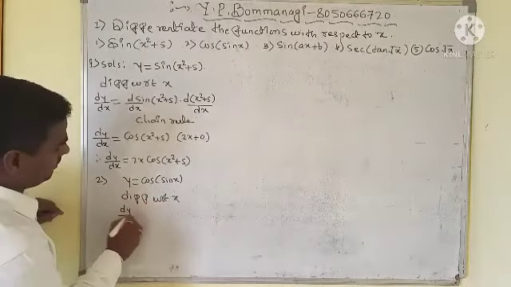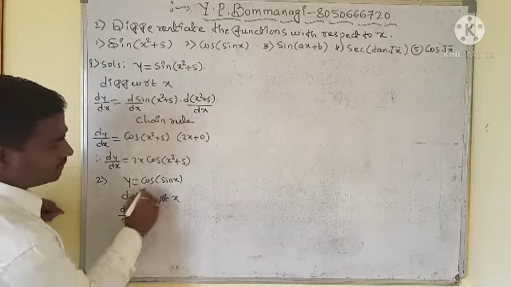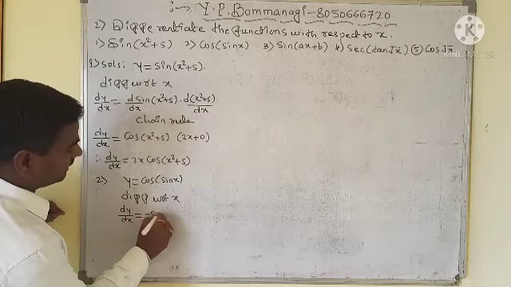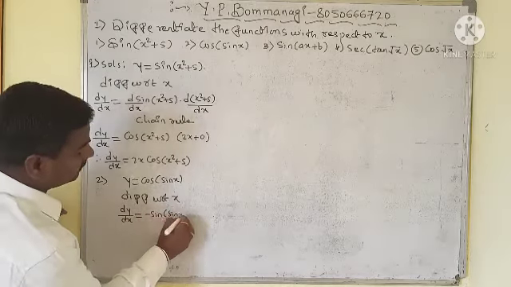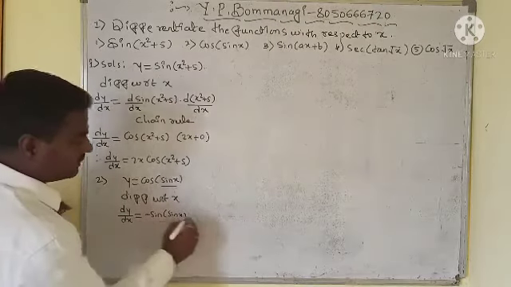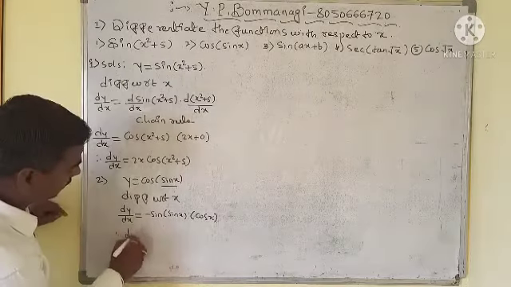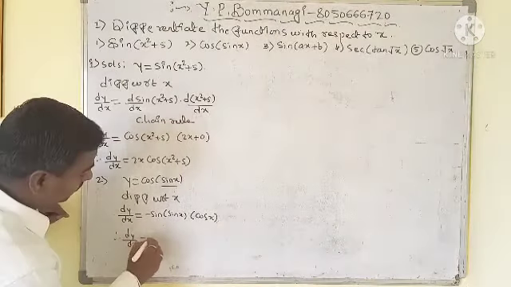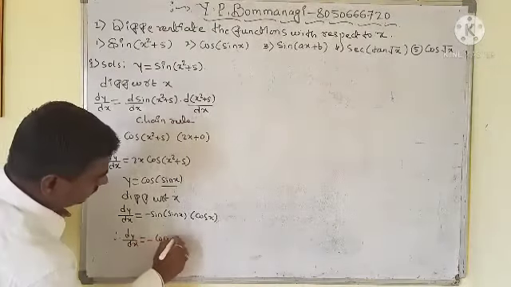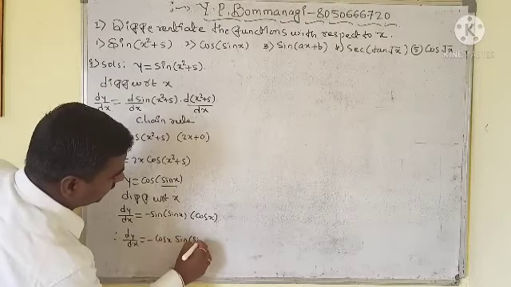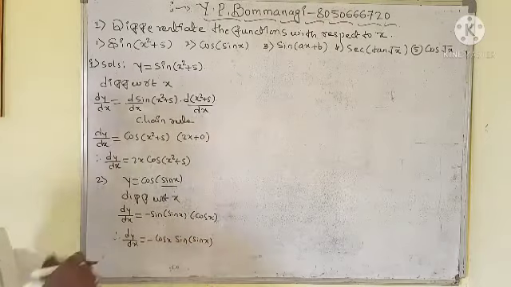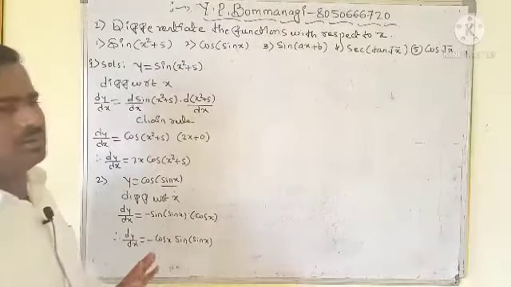So dy by dx is the differentiation of cos, minus sine, of sine x into the differentiation of sine x, cos x. Hence dy by dx is minus cos x sine of sine x. This is a 1 marks question, a very simple question.